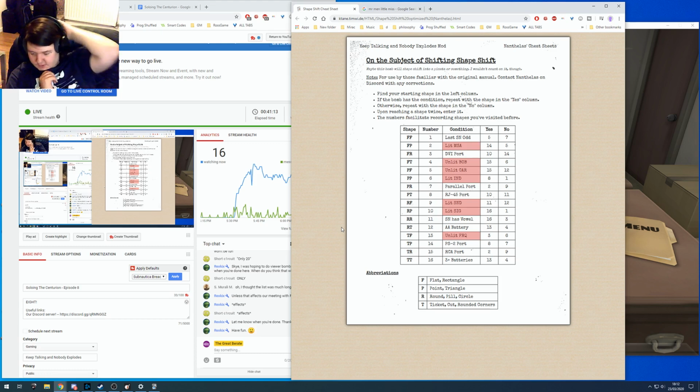Rule 12 is AA battery. We've got 16, 3 and 13, 4. TD inlet FIQ, 3, 6.